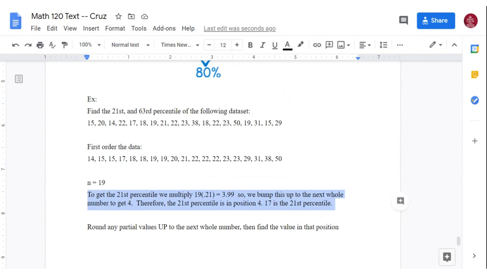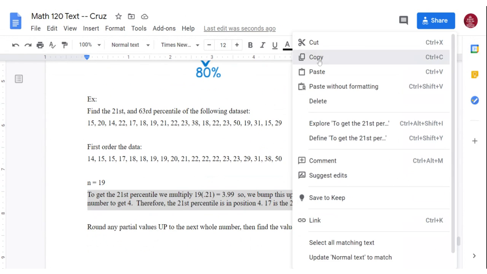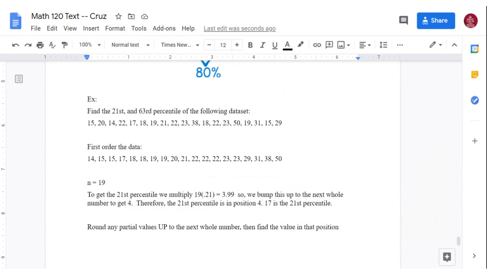Now to do the other one, I'm just going to copy this and change a few things.